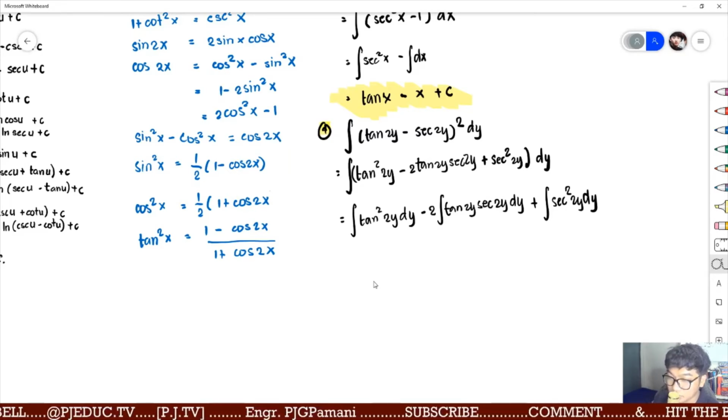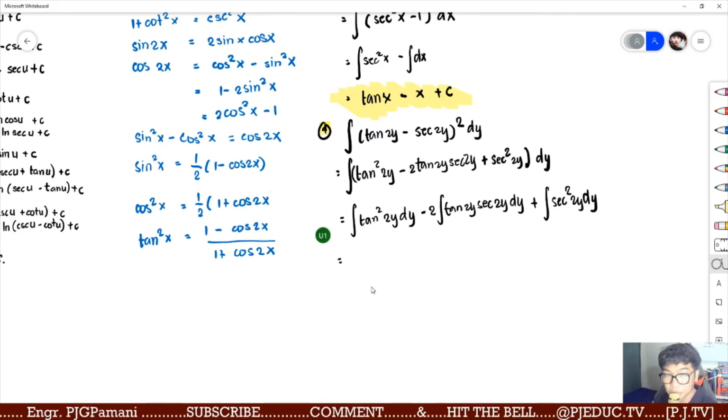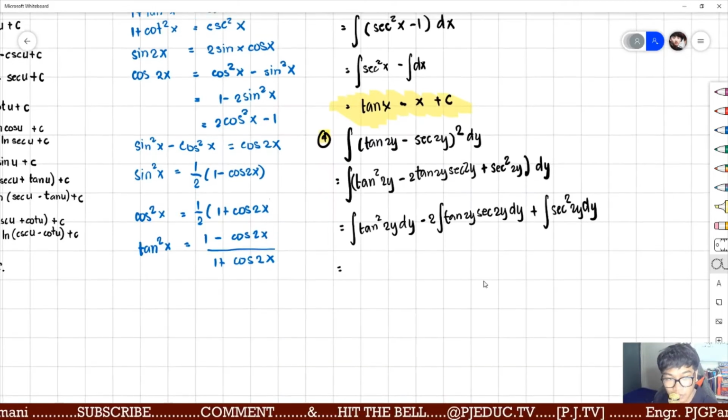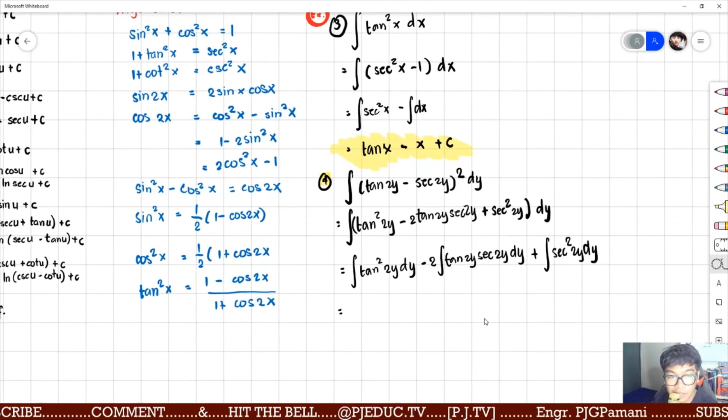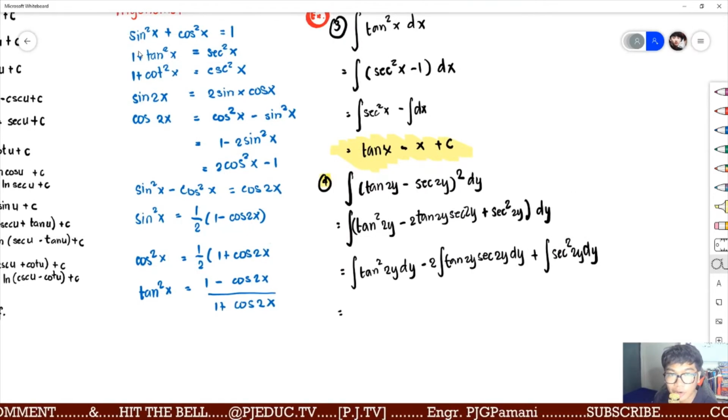Okay? Can you follow that? With this part of our solution, we already see similarities to our trigonometric identities.